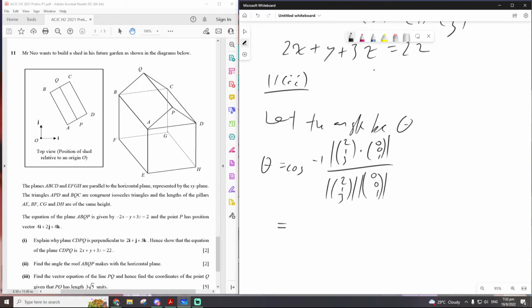And then this is 3 divided by square root of 14. Then you can go and find what theta is.